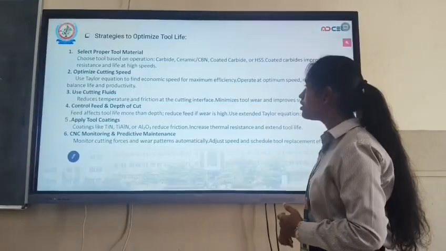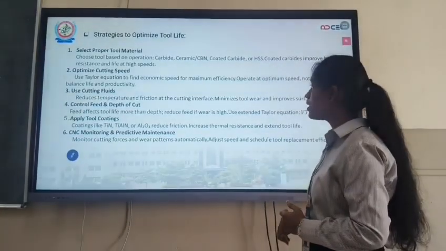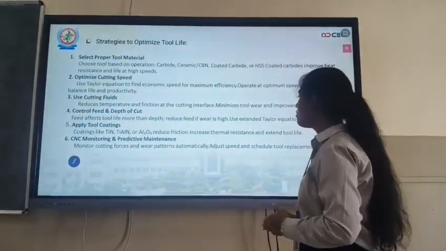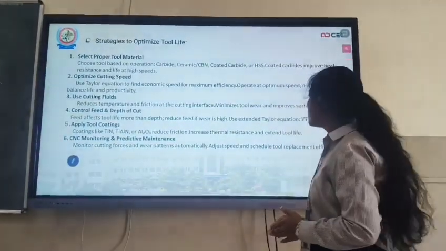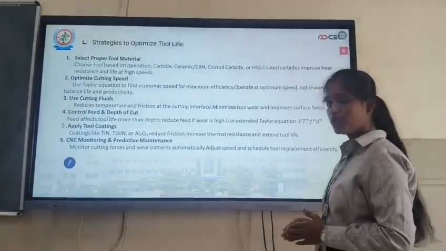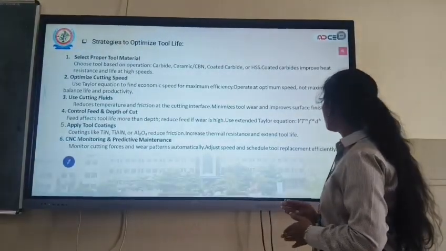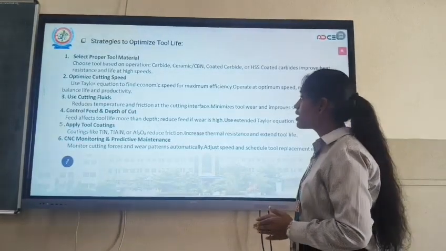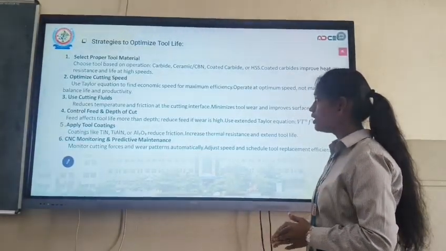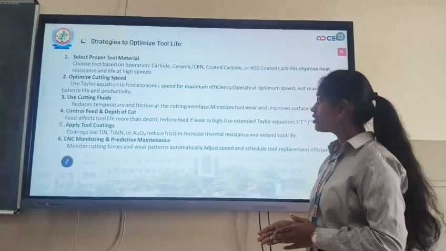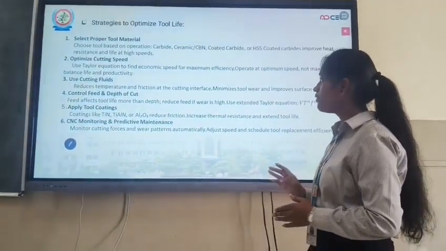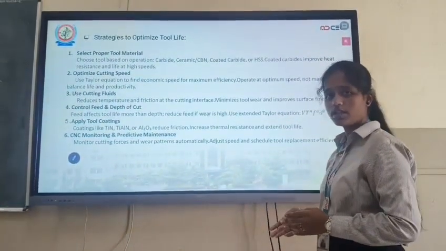Use Taylor's equation to find the economic speed for maximum efficiency. Operate at optimal speed and not maximum, to balance life and productivity. Third is use cutting fluids, which reduce temperature and friction at the cutting interface.